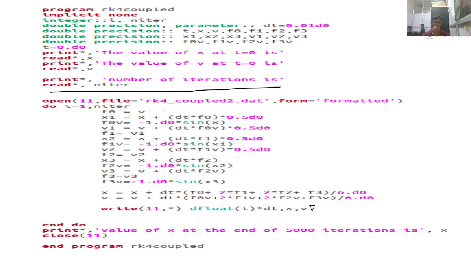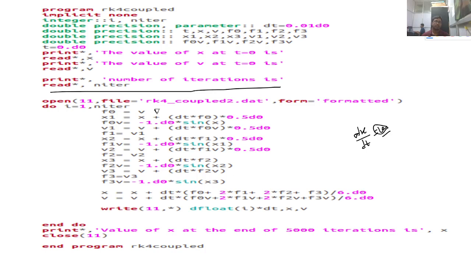Okay, so what I am going to do is f0 is v, because I have already seen that dx/dt equals v. So this is our f0x, or f(x, t), so this will be v.